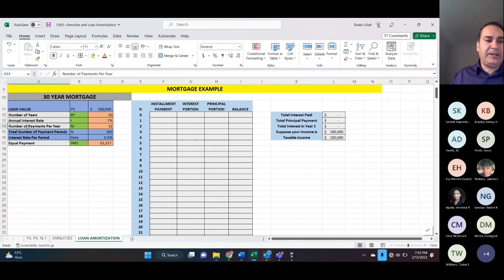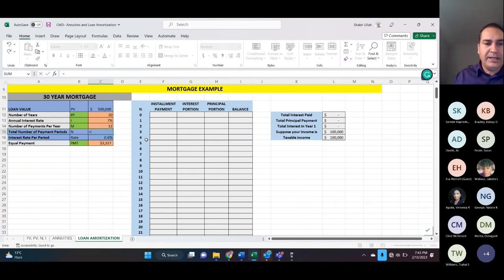Number of payments per year: because you're making payments on a monthly basis, there are 12 payments per year. What is the total number of periods? That is the number of years, which is 30, multiplied by the number of periods per year, which is 12. So you've got 360 periodic payments.